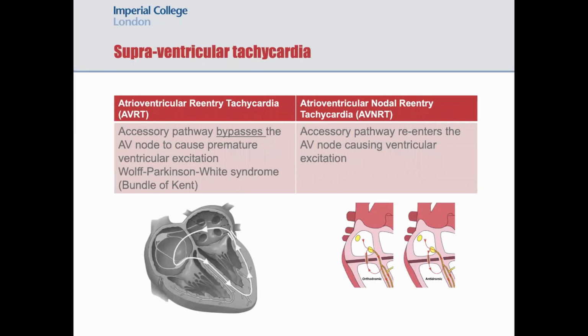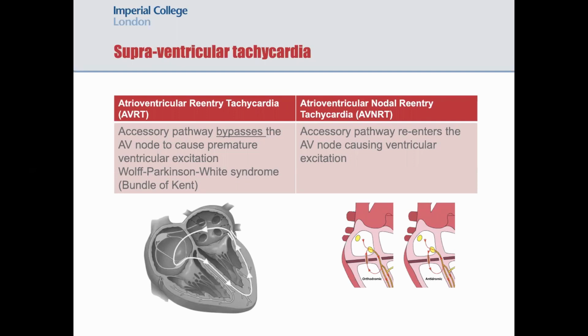And then your AVNRT, so this is actually the most common SVT, much more common than AVRT. Essentially, you've got a bit of an accessory pathway around the node itself. So the accessory pathway re-enters the AV node.